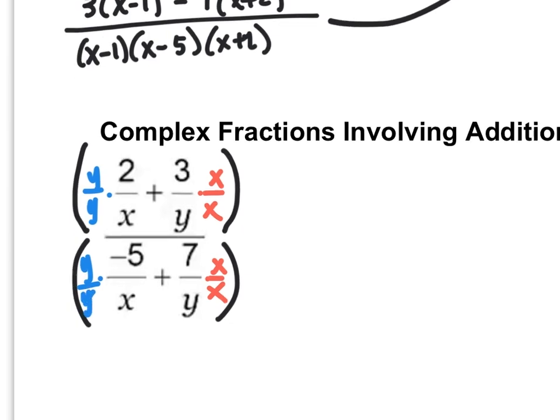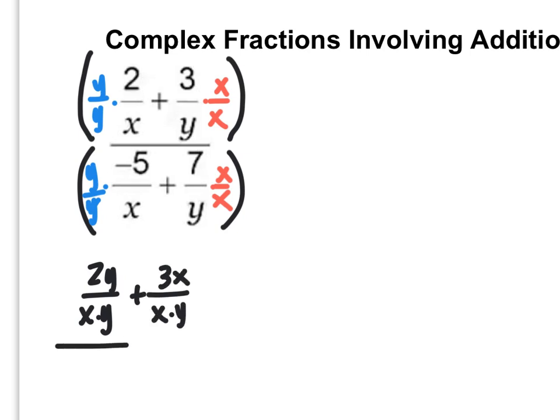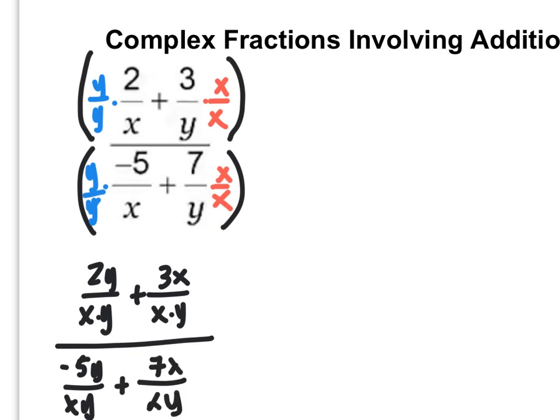The next step would be 2y over xy plus 3x over xy, and then I would divide that whole thing by negative 5y over xy plus 7x over xy.